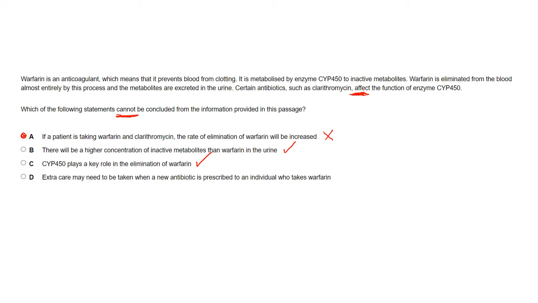Extra care may need to be taken when a new antibiotic is prescribed to an individual who takes warfarin. Well, yeah, because it tells us that warfarin is very important in regulating blood clotting, and preventing blood from clotting when it shouldn't.